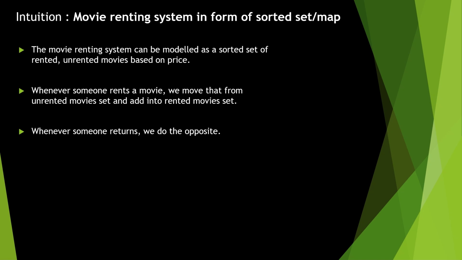Whenever someone rents a movie, we move that element from the unrented movie set and add it into the rented movie set. And when someone returns a movie, we do the opposite. So this is the simple yet crucial intuition behind the movie renting system. Now let's go to the solution where we will be using these data structures to solve the problem.